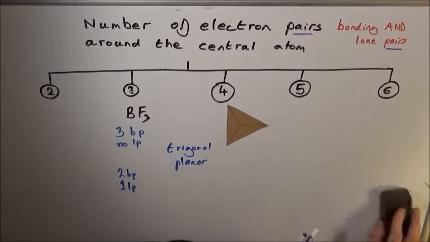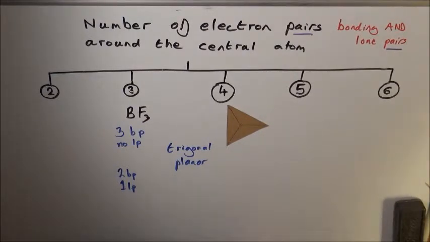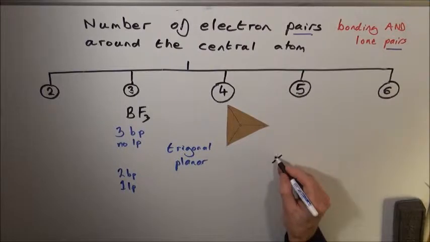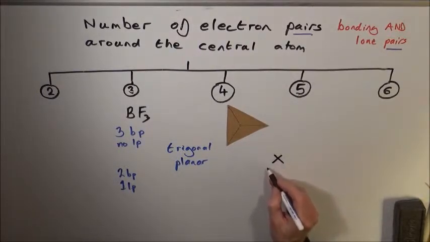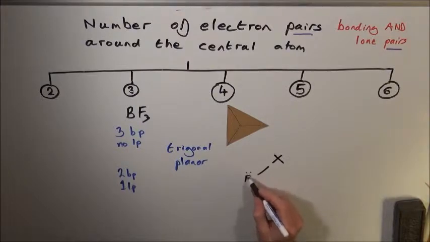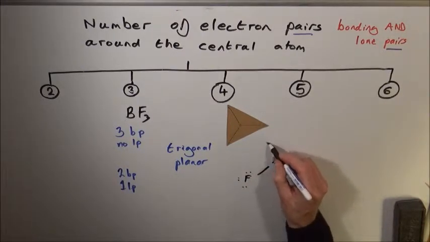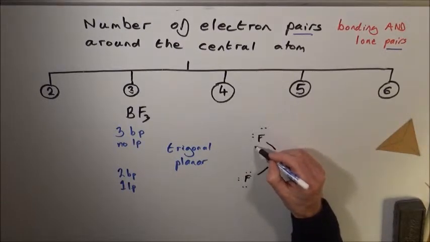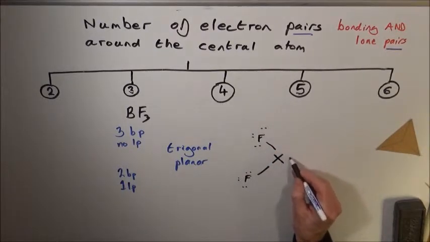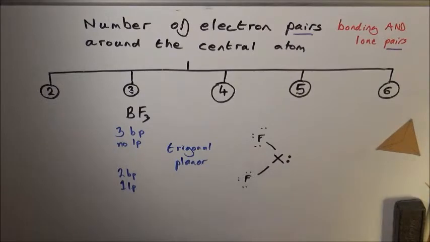And let's just say the atom in the centre is element X, and let's just say we've got a fluorine here and a fluorine here. I'll get rid of that. Then we have a lone pair of electrons on here.